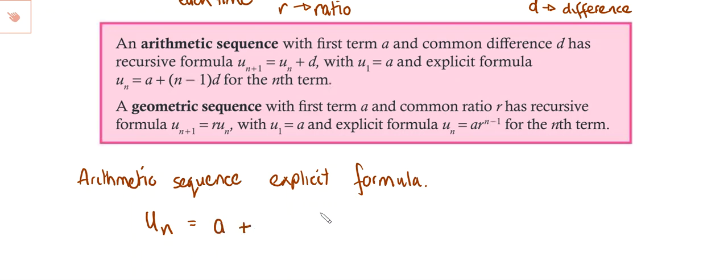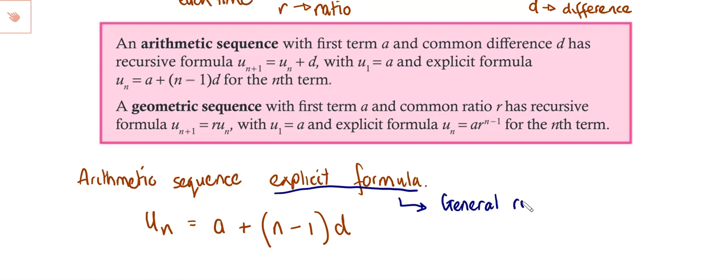A plus n minus 1 times D. Now here is where we say that an explicit formula is the same thing as a general rule. So you've already been doing this. This is something you've already done.